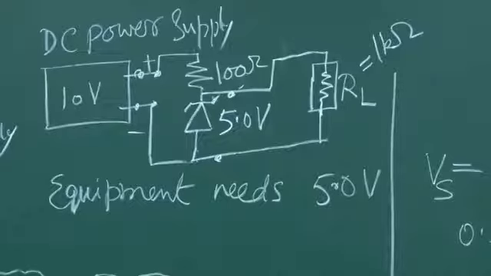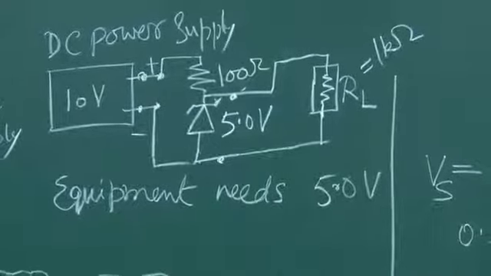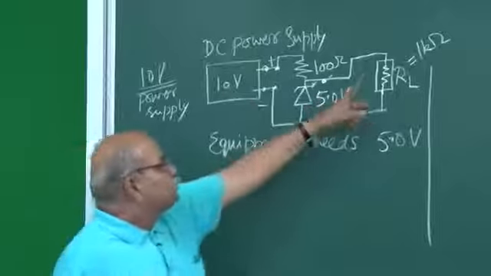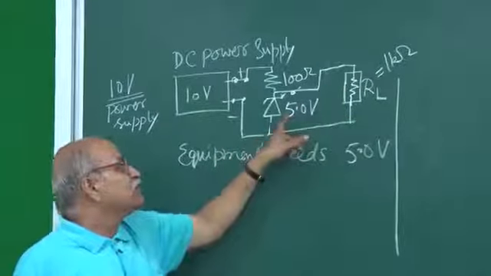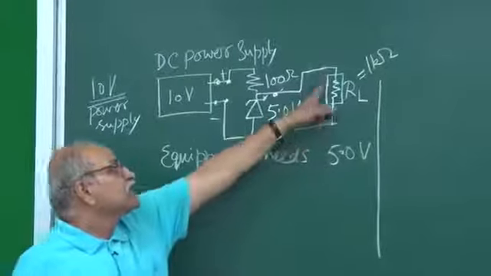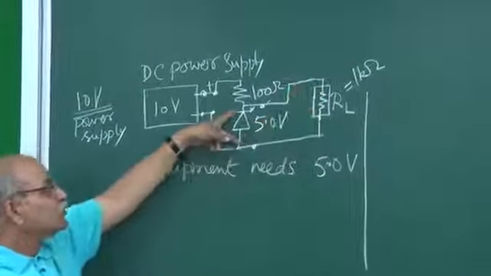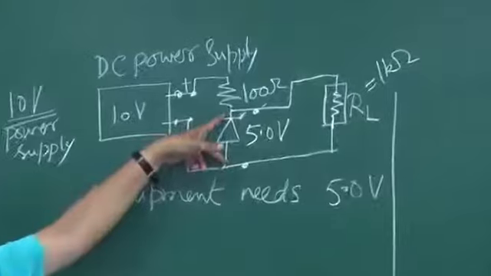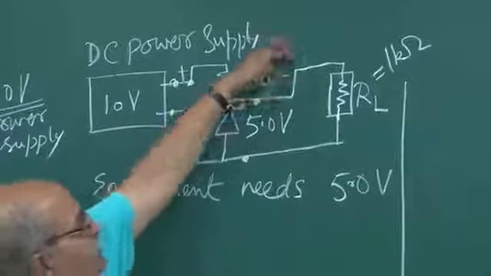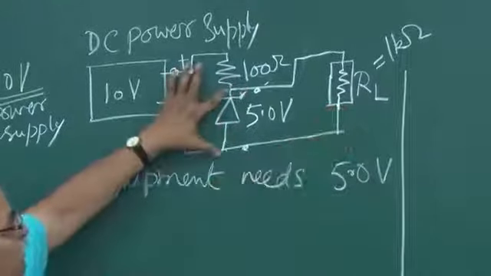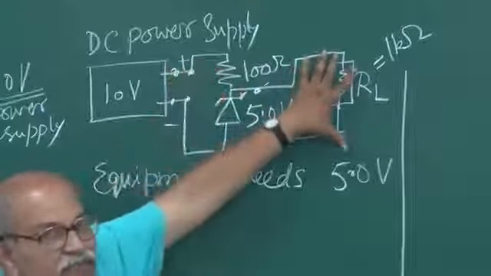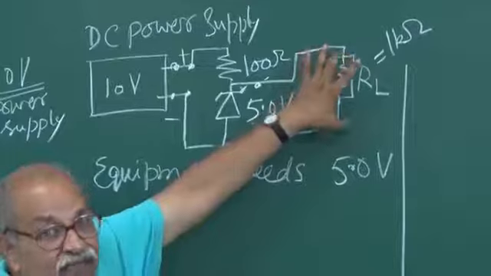Now see what happens. Analyze this circuit. The voltage on this RL is 5.0 volts because it is directly connected to this zener. So this point is directly connected here, and this point directly connected here. So this 5.0 volt must appear here.